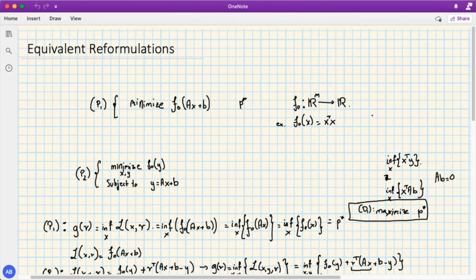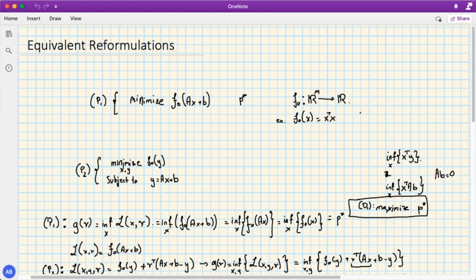So here is a simple example of when I introduce a simple variable to the problem which is not altering the problem in any way. It's just replacing ax plus b by y and enforcing this variable introduction as a constraint to the problem.